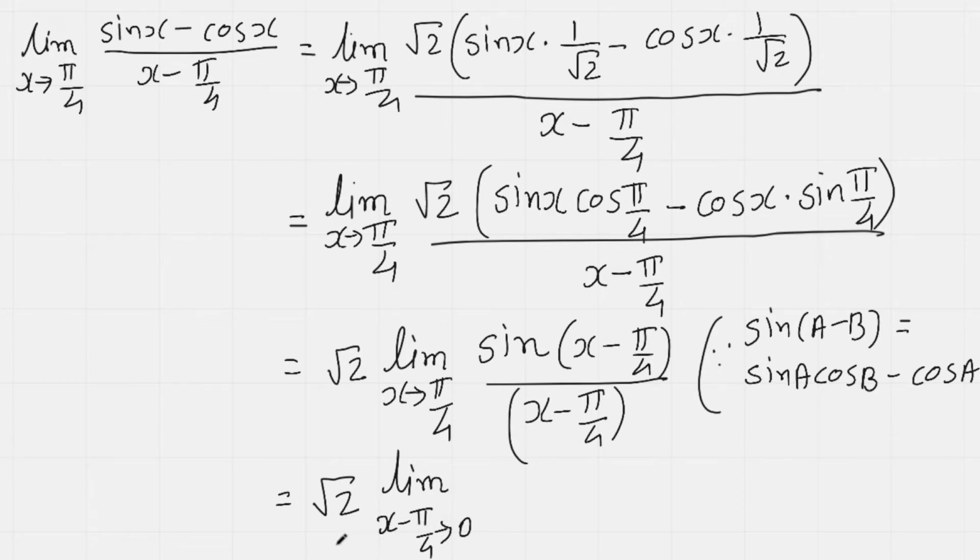So now we have square root 2, limit x minus pi by 4 approaches 0, sine x minus pi by 4 divided by x minus pi by 4. So now we can use the formula that the limit of sine theta over theta as theta approaches 0 is equal to 1.